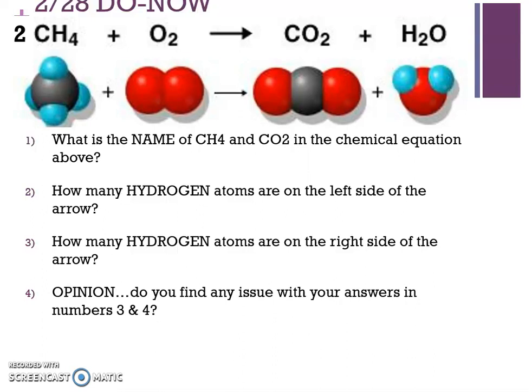We have a chemical equation at the top of the screen. But before we talk about chemical equations, number one says, what is the name of CH4 and CO2 in the chemical equation above? You should be pretty tired of this, but CH4, carbon is a nonmetal, hydrogen is a nonmetal.